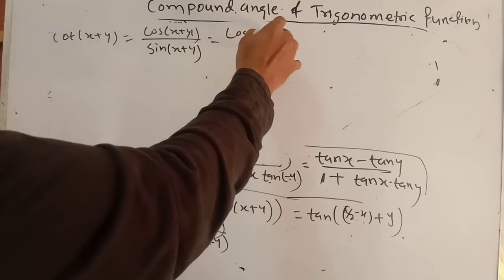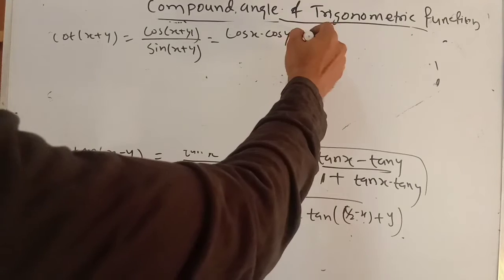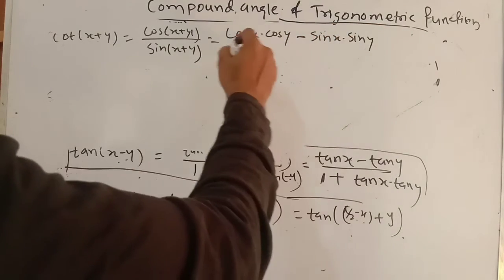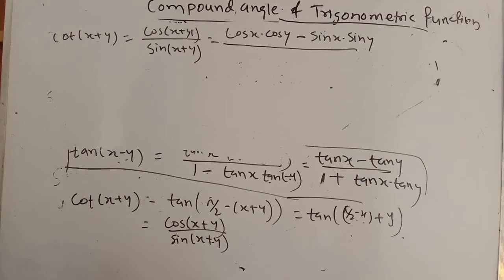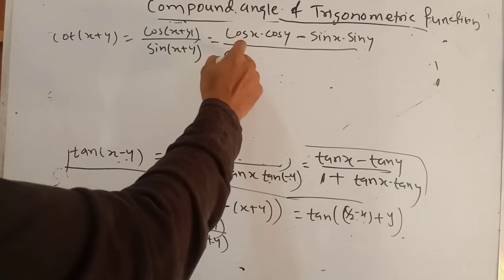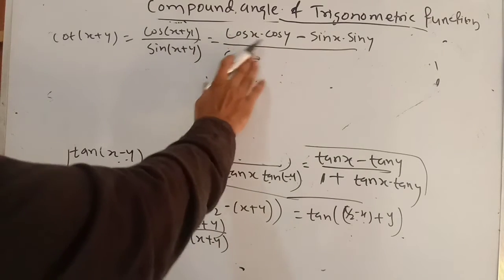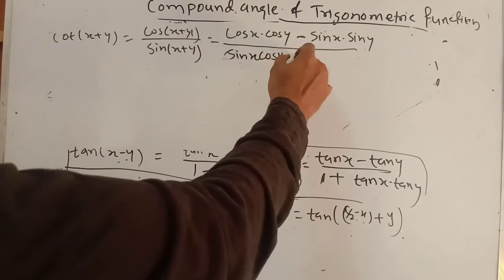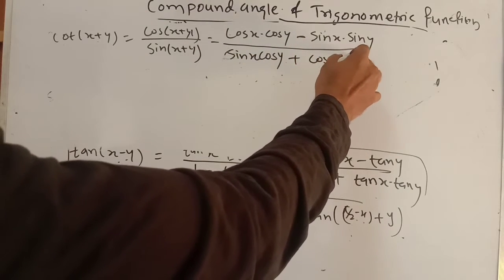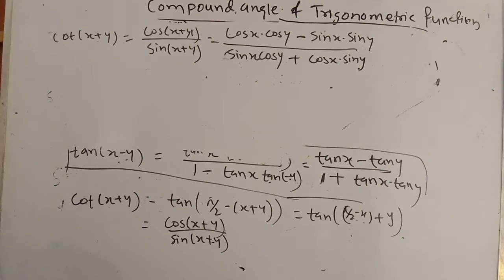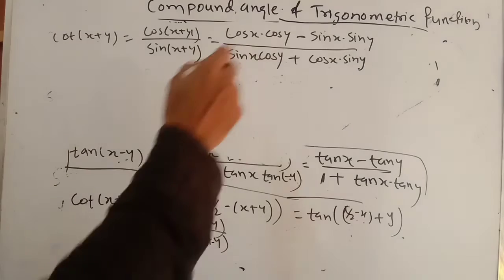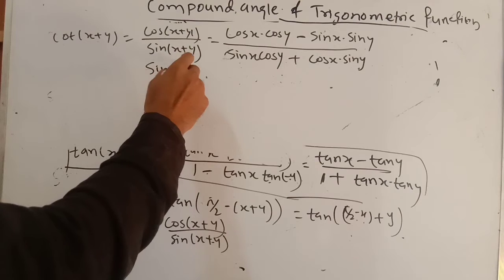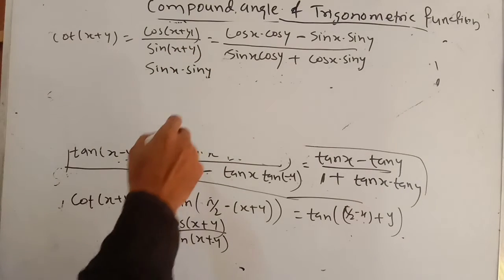You can write cos x cos y minus sin x into sin y, over sin x into cos y plus cos x into sin y. Okay, so now we are dividing both numerator and denominator by sin x into sin y. So then what happened?